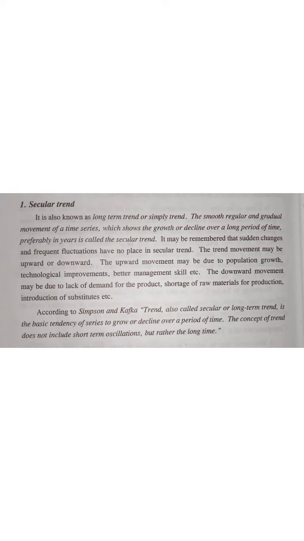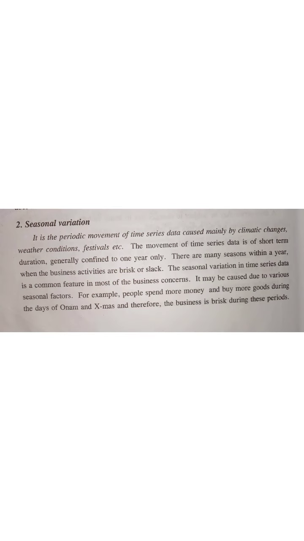The second component is S, that is seasonal variation. The short form of seasonal variation is S. The time series which we are going to analyze is based on different seasons.